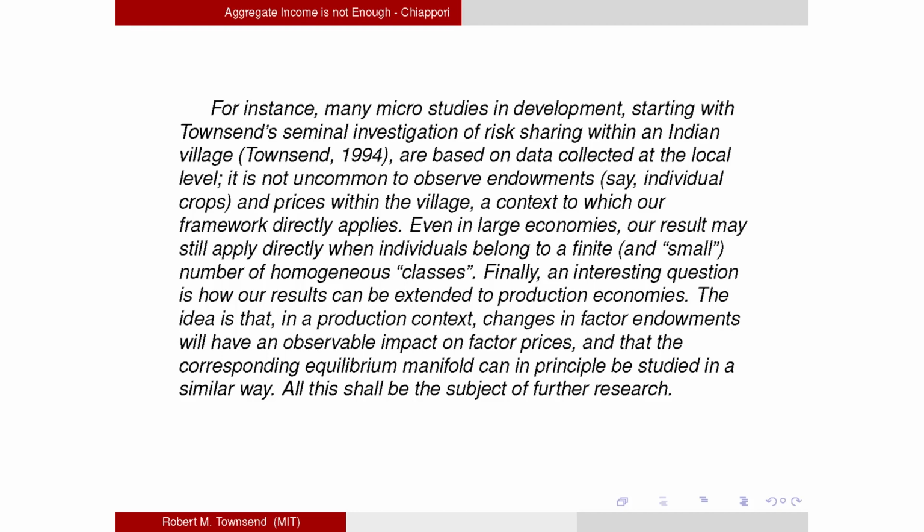Now, interestingly, lest you think economists have this all figured out, an interesting question is how to extend this to production. They refer to changes in factor endowments, which have observable impact on factor prices. So that's an allusion to the trade lectures we did. And they haven't figured it out yet. They haven't figured out whether there are rejectable restrictions.